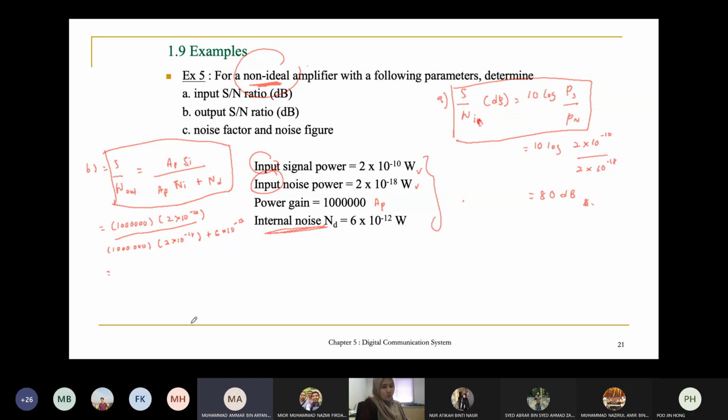25 juta. Okay. This one is absolute value because kita belum multiply with 10 log. So if you want to find the signal to noise ratio at the output in the unit decibel, you need to multiply with 10 log.